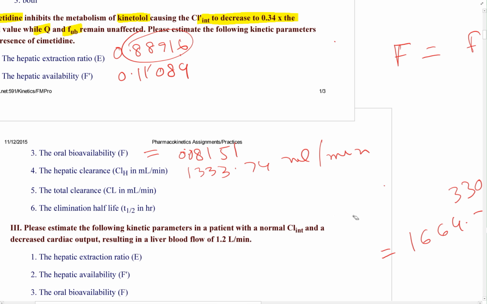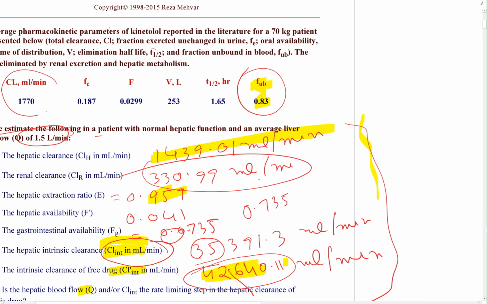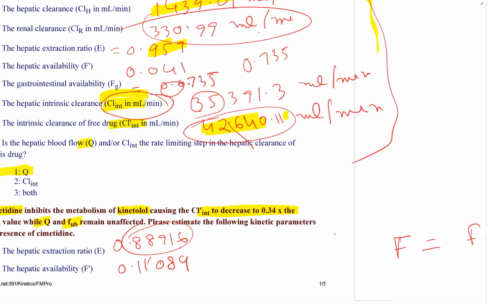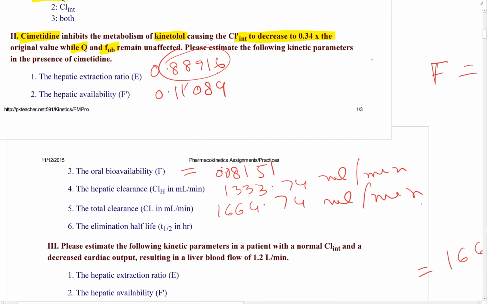If you go back to the previous total clearance, you see it has gone down, because cimetidine inhibits the metabolism of this drug, that's why its clearance has gone down.